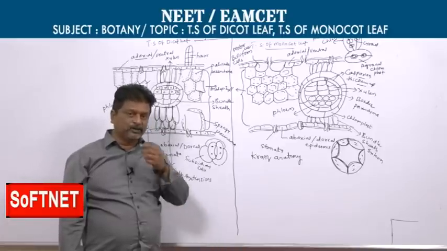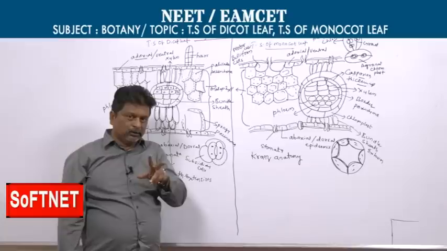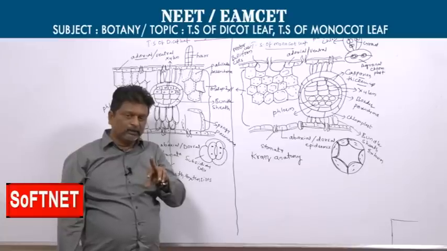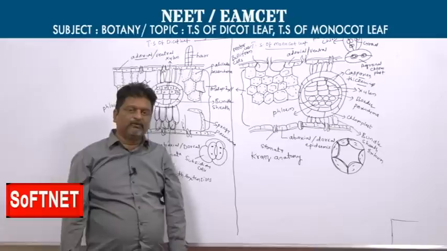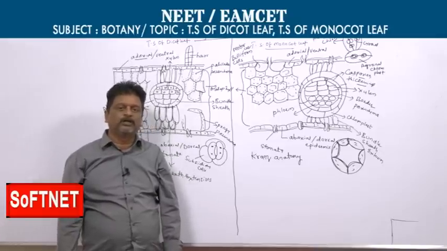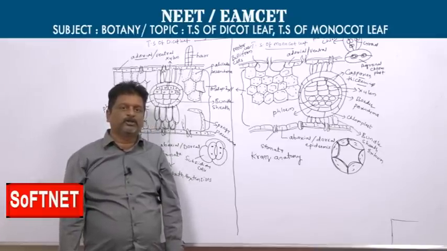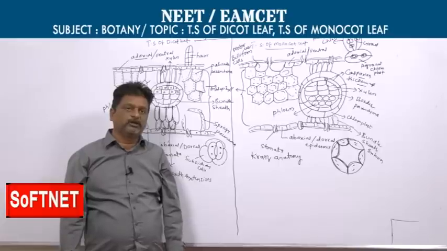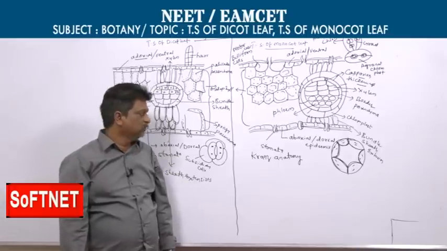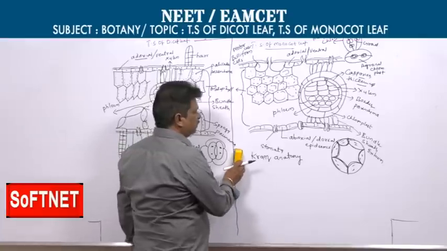And in Cycas leaflet, it shows centripetal and centrifugal xylem. That condition is called diploxylic. So diploxylic and open type vascular bundles are present in Cycas leaflet.